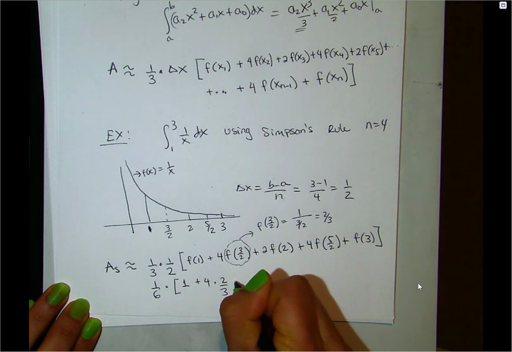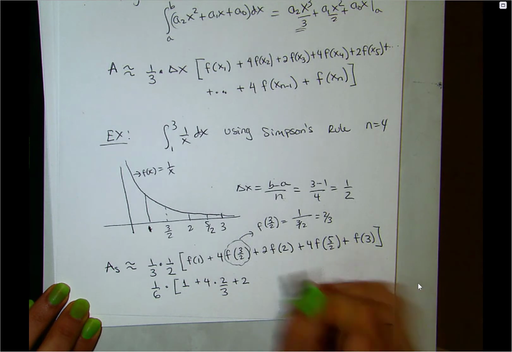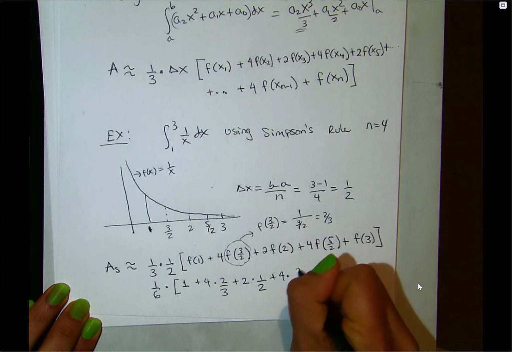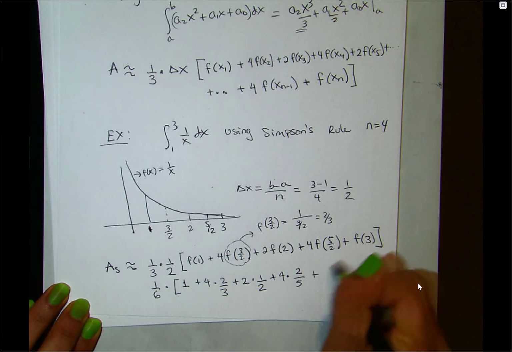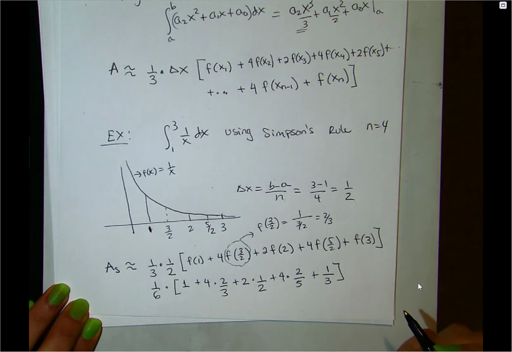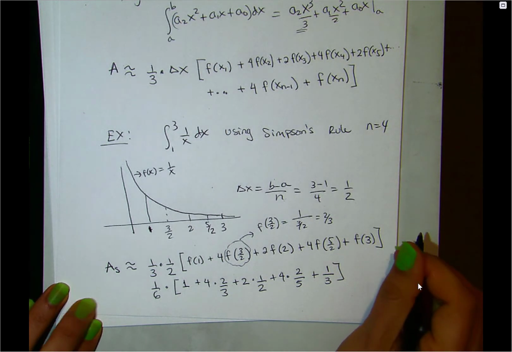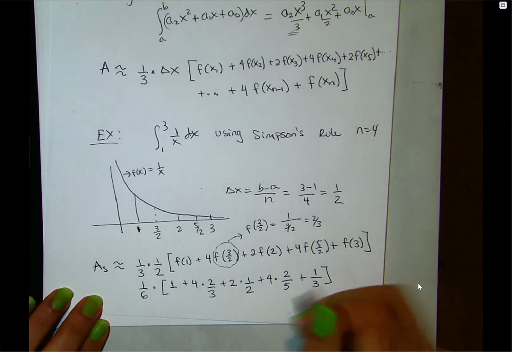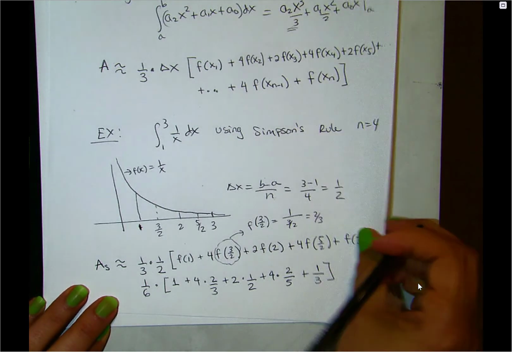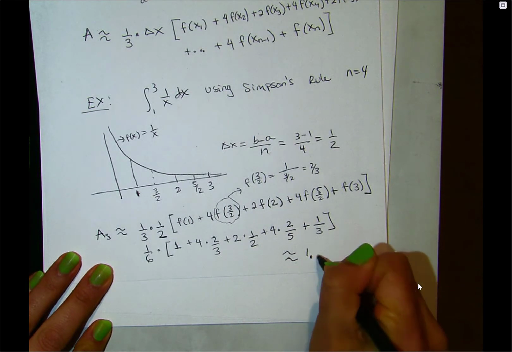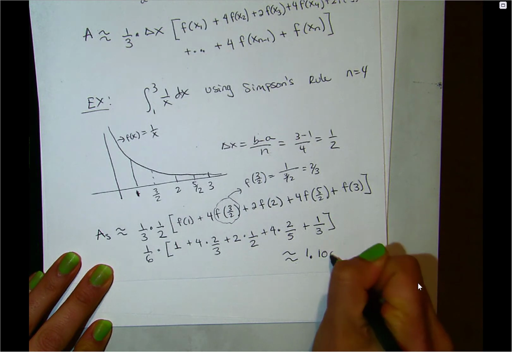So times 2/3, plus 2 f of 2, which is the reciprocal of 2, so 1/2, plus 4 times the reciprocal of 5/2, which is 2/5. And f of 3 is the reciprocal of 3, which is 1/3. When you do all of these out, I got approximately 1.1000.